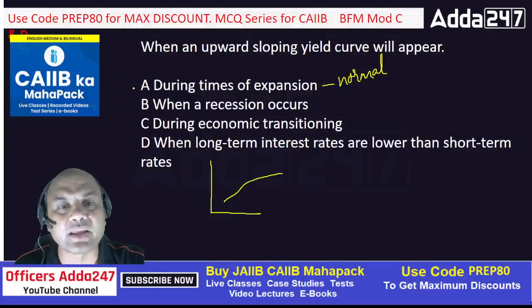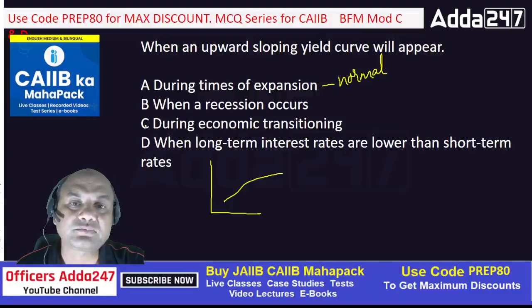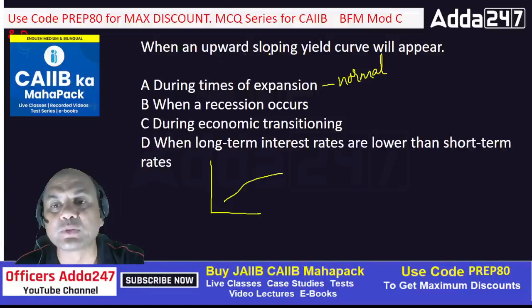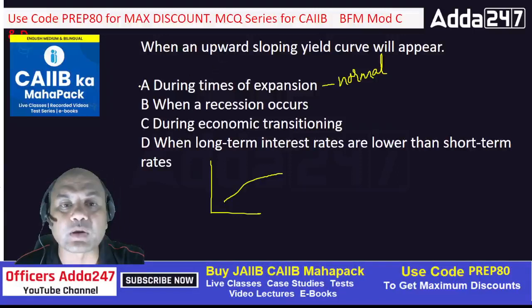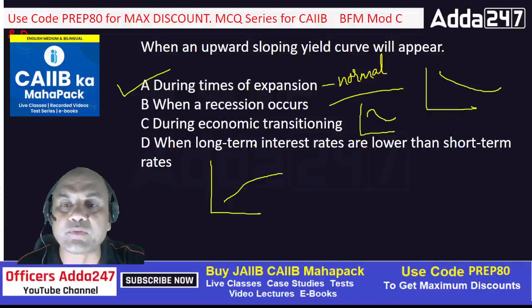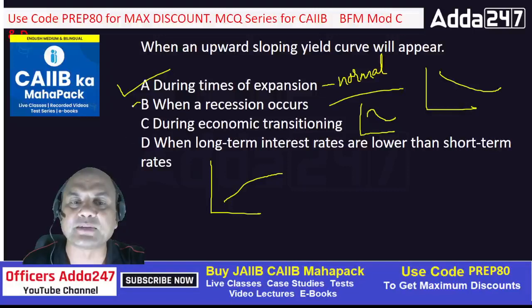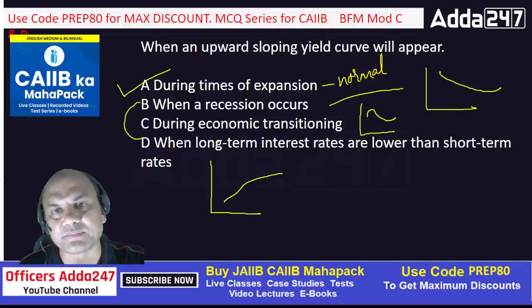So the answer is A, B, C or D? It appears in normal circumstances, right? Because in the recession, the curve is inverted. And in economic transition, it is generally a camel hump. When long-term interest rates are lower, this is the recession. B and D are the same.